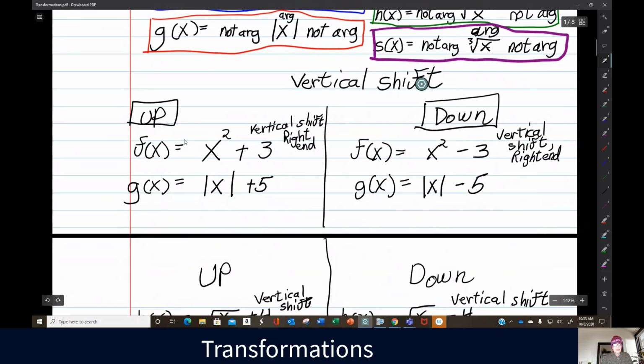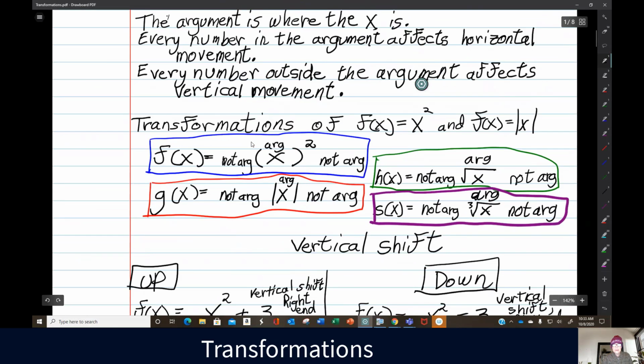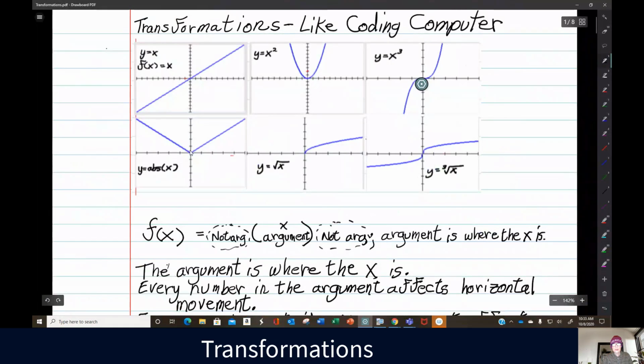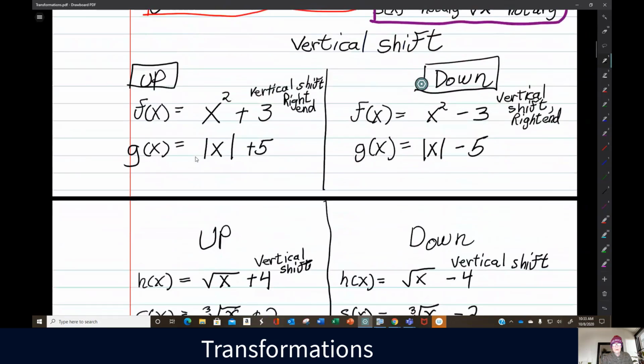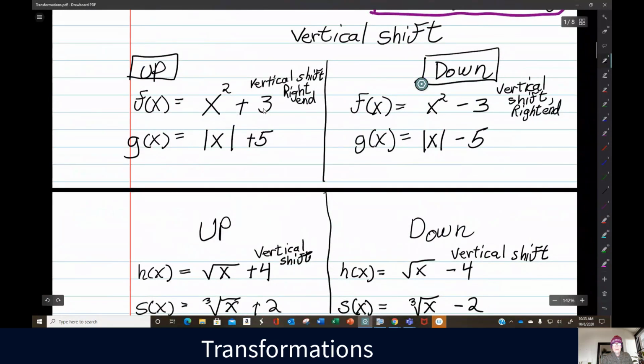So if you want to shift f of x equals x squared, or g of x equals the absolute value of x, these 2 graphs in their home positions, if you want to shift them vertically up, this is how you would code it. If I want to shift y equals x squared up 3 units, I would just put a +3 on the right end. That's it. Not hard.